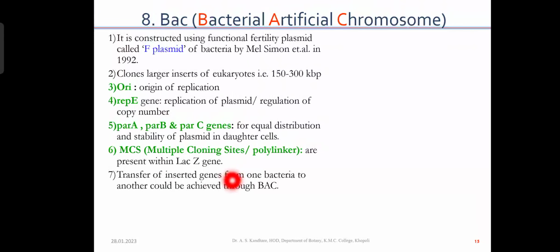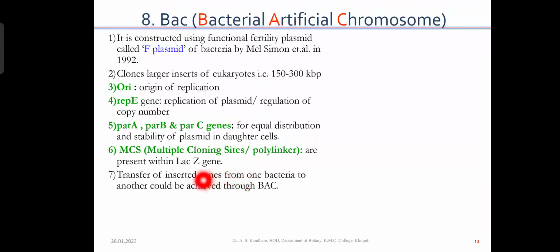Transfer of inserted gene from one bacteria to another could be achieved through BAC. So this bacterial artificial chromosome has the capacity to transfer its artificial chromosome from one bacteria to another bacteria through this fertility plasmid. तो ये fertility plasmid कॉन्जुगेशन के दरमियान होने वाली प्रक्रिया है. तो जब दो बैक्टीरिया यानी कि F+ और F- बैक्टीरिया कॉन्जुगेट हो गए तो वहाँ पर जीन्स का एक्सचेंज होगा. तो ये कैपेसिटी भी हमने यहाँ पर rDNA टेक्नोलॉजी में यूज़ की है, is it.